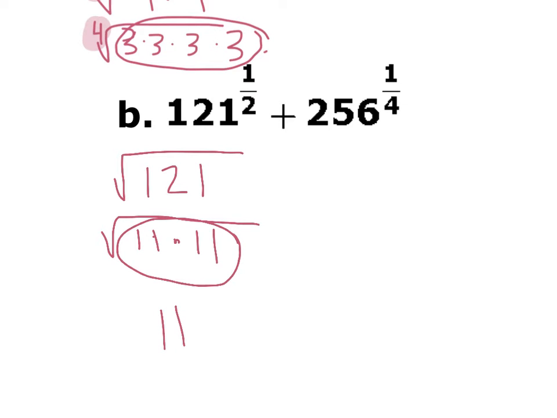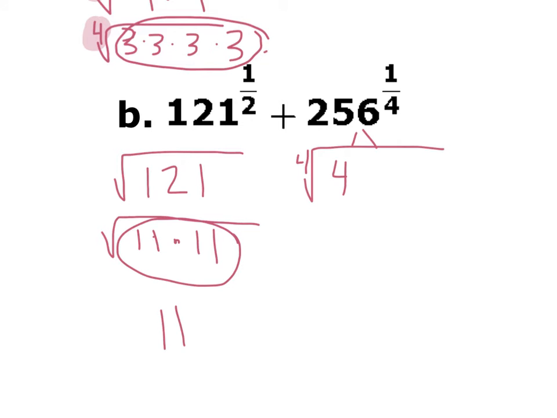Now for 256, what's our index going to be? The number on the outside. 4. We get it from this fraction here. So we have 4 on the outside. What are 2 factors of 256? 4. 4 and... You said 4.